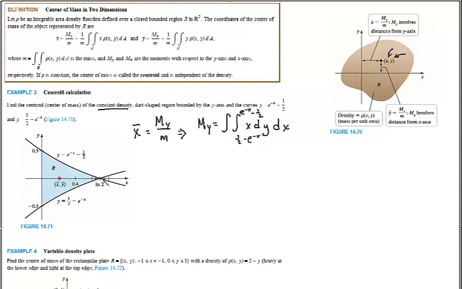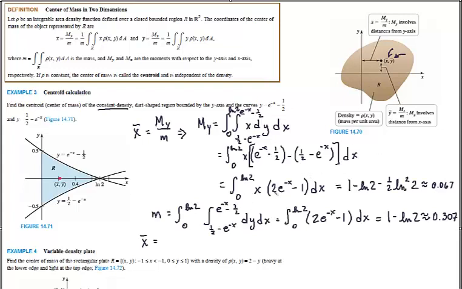You just set them equal and solve for that x value. You will find that they intersect at natural log of 2, and they tell me it's bounded by the y-axis, so that's 0. Alright, so I'll do that integration.